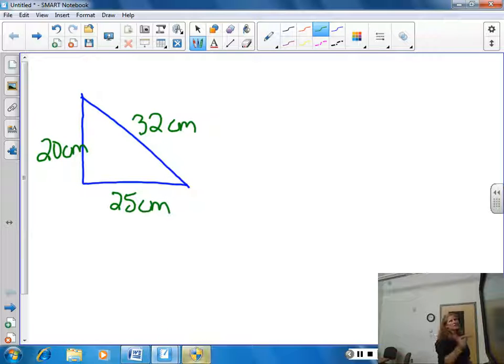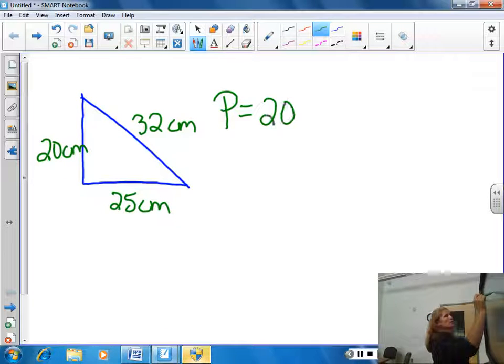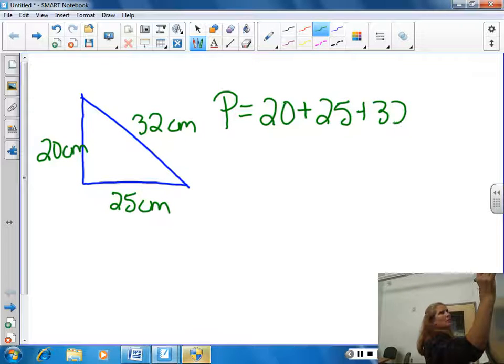If I ask you to find the perimeter, all you have to do is add up all the sides. And so you're saying 20. It doesn't matter what order you add them up in, because remember the commutative property says you can change the order and not change the answer. 20 and 25 and 32 would just add up.